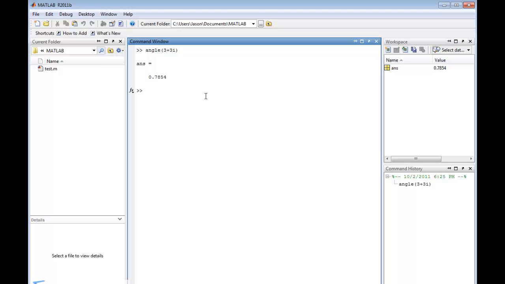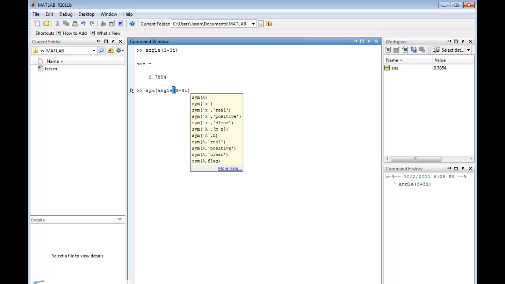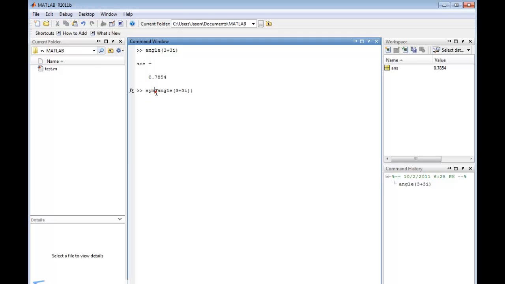Now, if you take the same calculation, but wrap it in the sym operator, which we've talked about extensively before, then it's going to redo the calculation, but because it's wrapped in this, it's going to try to keep the answer exact. So when we do it again, it's pi over 4.